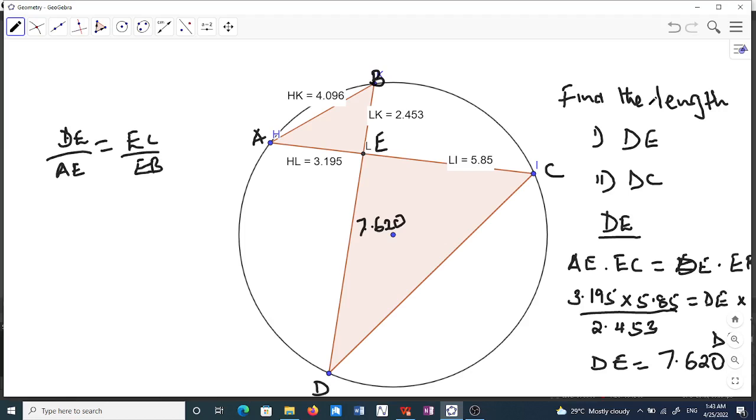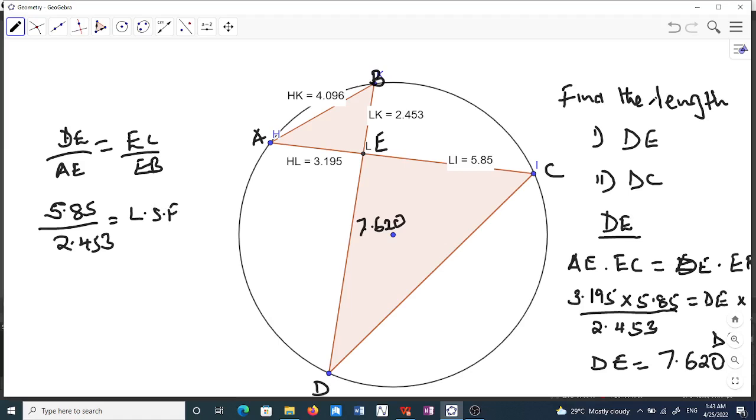So which means that in this case we are getting the ratio. We can easily get the ratio by getting 5.85 over 2.453. So this gives you the linear scale factor.